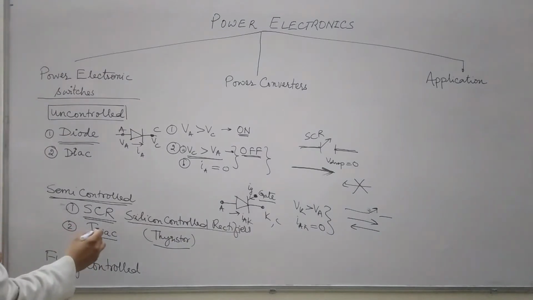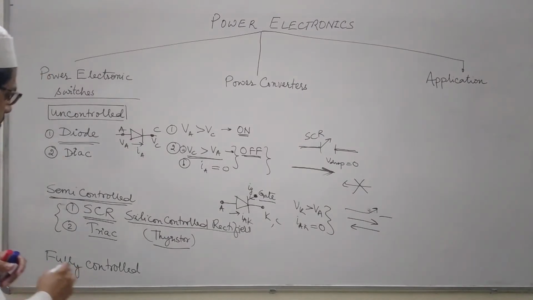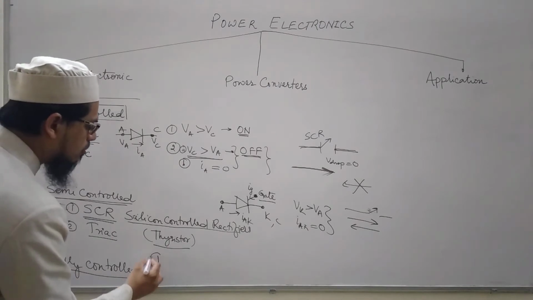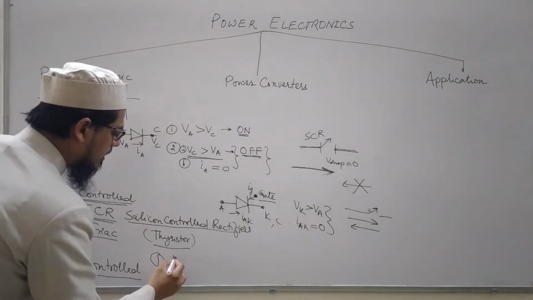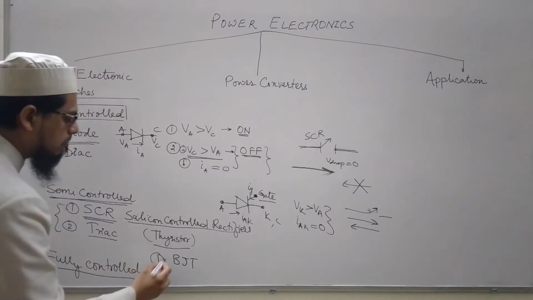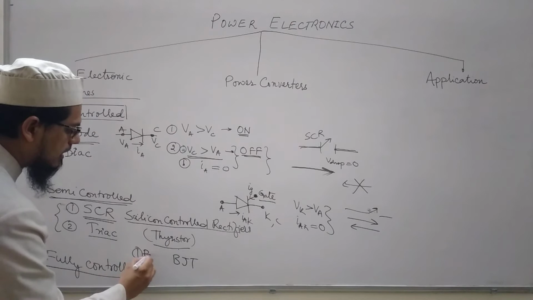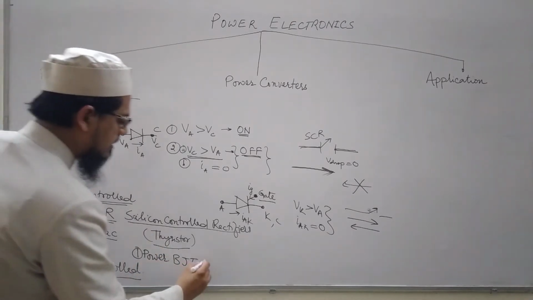So these two come under semi-controlled devices. Now come to fully controlled devices. Fully controlled devices include the BJT, and I will be talking about power BJT, so whenever I say BJT, it would mean power BJT.